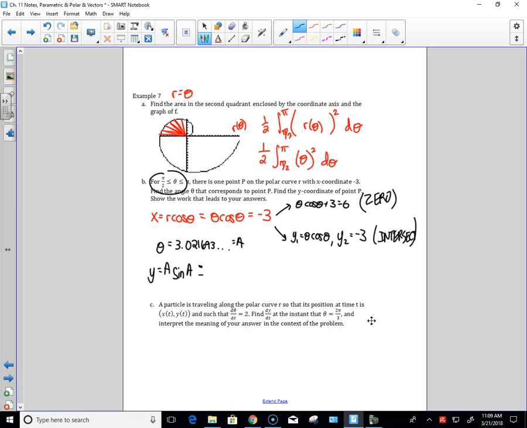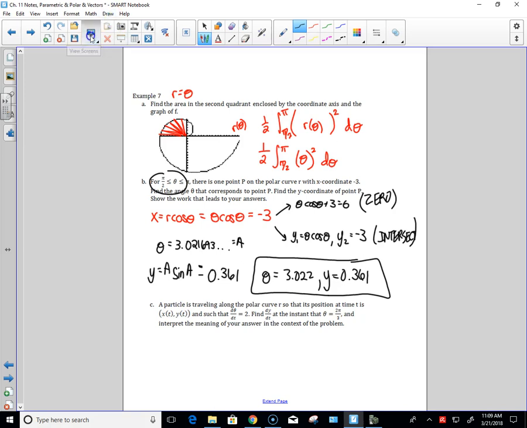Just A sine of A? Okay, so we have our theta is equal to 3.022. Y is equal to 0. Anybody back them up? Okay, we're in radians, yeah? So what's going on in part C when it says a particle is now traveling along the polar curve?